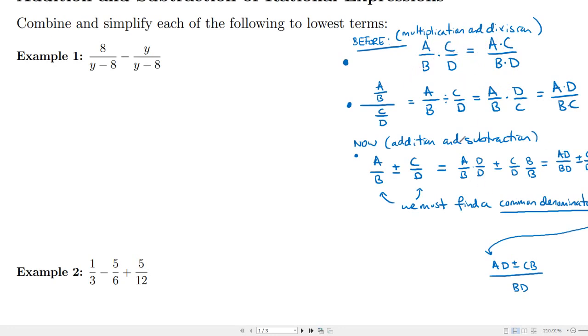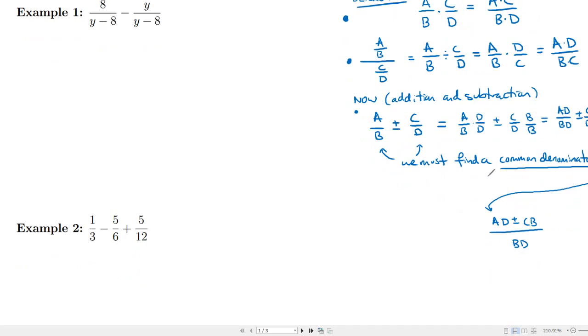With addition and subtraction, we have to do a little more work. Sometimes you won't just do this multiplication, which is just one way to guarantee it. Another way is to multiply by other factors and find another common denominator. But in the end, you must have a common denominator before you can actually do the operation.